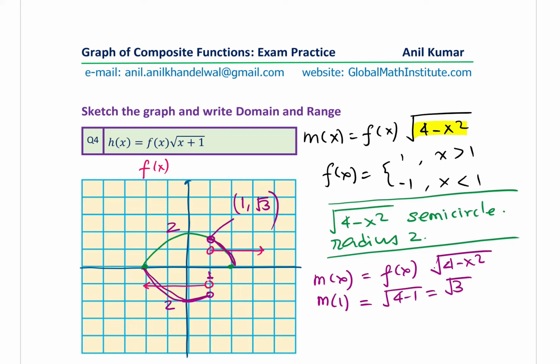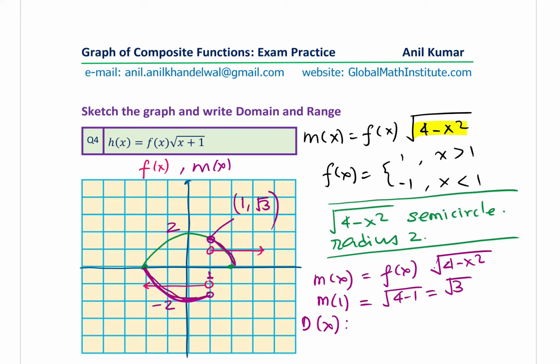Is that clear to you? The semicircle with maximum at minus 2. Correct? So that gives you the graph of the function m of x. Clear?